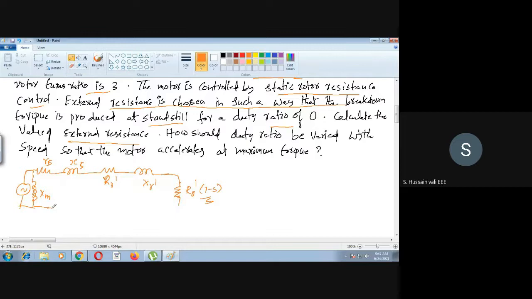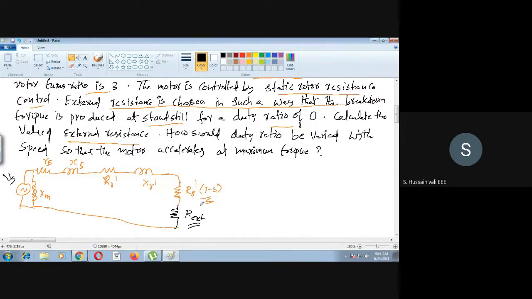Then what you are doing now is adding some extra resistance here, R external. Now we have to think of this: what should be the value of this? That's the question he's asking. So first of all, this is the equivalent circuit, this is the source voltage Vs, then Rs, Xs, Rr dash, Xr dash.